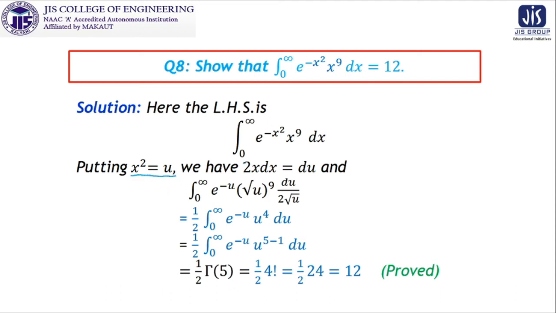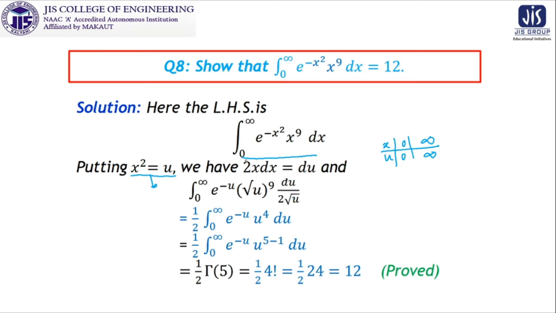So 2x dx is equal to du, and we obviously do the same calculation, the same structure of changing the limits of integration. Here also it will be 0 to infinity, e to the power minus u. Then x is equal to root over u from this part. So we have written root over u to the power 9, and dx is du by 2 root over u.